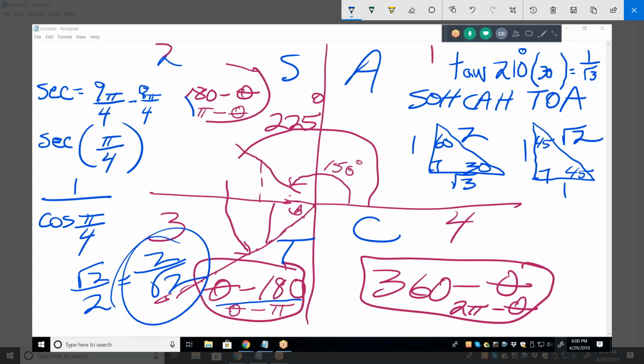Because here, if you look at this triangle over here on the right, the cosine is 1 over root 2. Well, the secant is root 2 over 1. Simple as that. It's always the hypotenuse over that side.